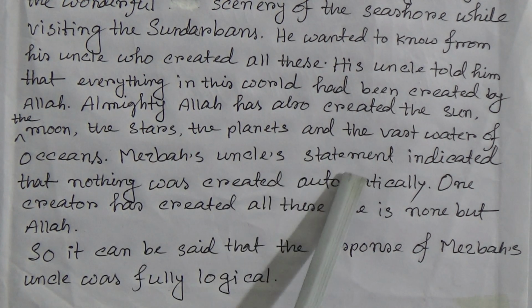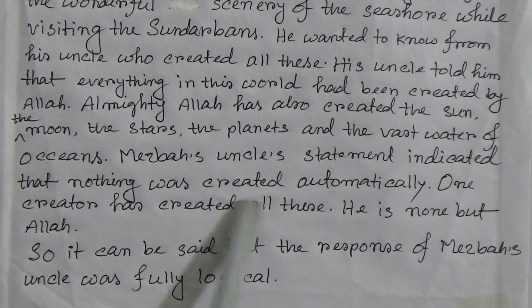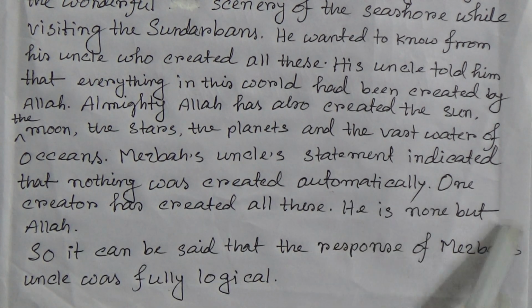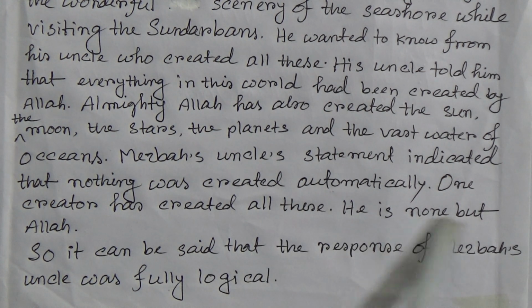Mesbah's uncle's statement indicated that nothing was created automatically. One creator has created all this, and he is none but Allah. So it can be said that the response of Mesbah's uncle was fully logical.